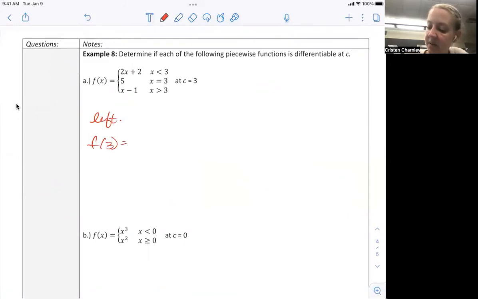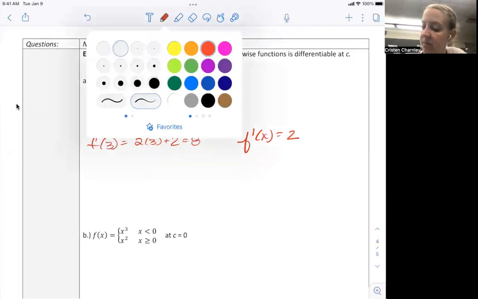So if I substitute 3 in for my x, I've got 2 times 3 plus 2, which is equal to 8. Now I want to do my derivative. So f prime of x is equal to 2. There's no place left to substitute the 3. So that's my derivative. Then we'll do the middle.